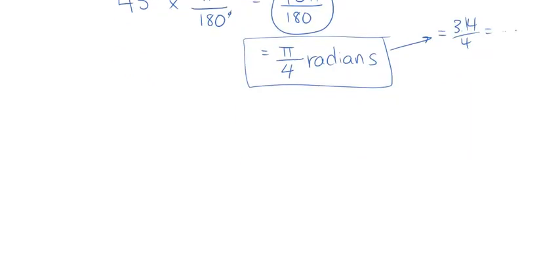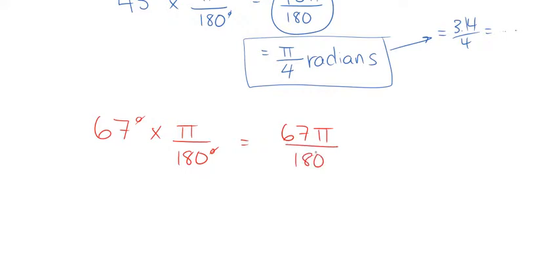Okay, let's say we wanted to convert a trickier number, like 67 degrees into radians. So we times it by pi over 180, and the degrees cancel out, so we get 67 pi over 180. But then we see that 67 and 180, we're not going to divide by anything to reduce it to lowest terms.